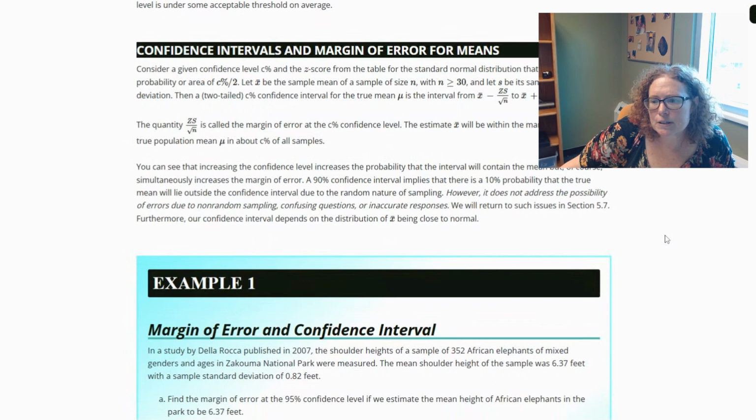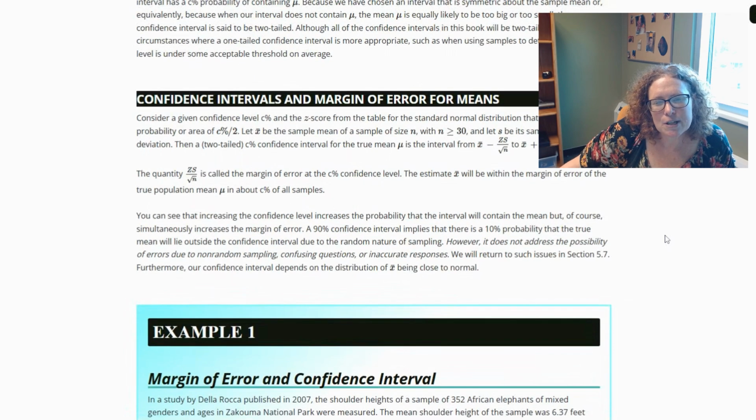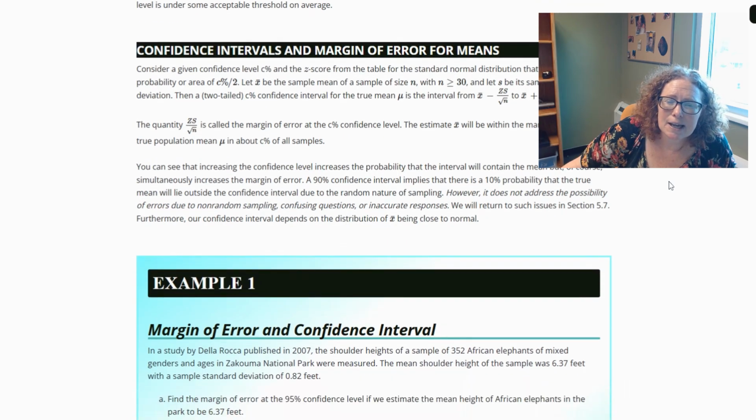So if we look at the confidence intervals and the margin of error for different means, then you have the calculations for that and just plug in the numbers as they go along to see how confident you are.